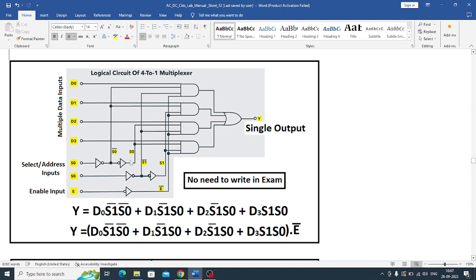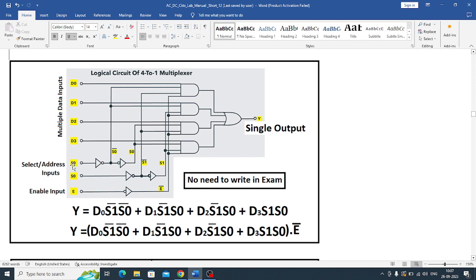See here the internal diagram. You have 4 AND gates to which each input is applied. Then to the same AND gates, the address inputs are also given such that for the values 00, 01, 10, 11, that gate will be enabled. Here there is a small mistake: this is S0, this should be S1 here.